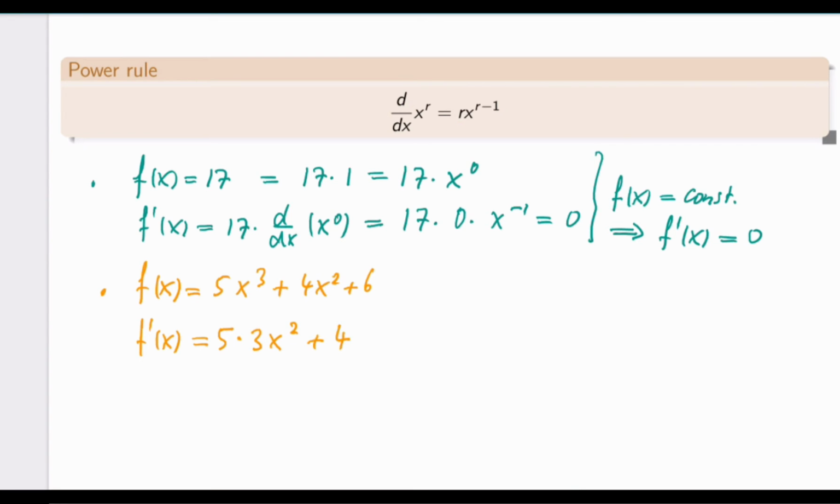Plus 4, I leave the 4. For x to the 2 I use the power rule, which is 2 times x. And then plus 6, but 6 is a constant. The derivative is equal to 0. Which equals 15x squared plus 8x. And we are done. So you see, using these rules, we can differentiate more and more complicated functions over time.